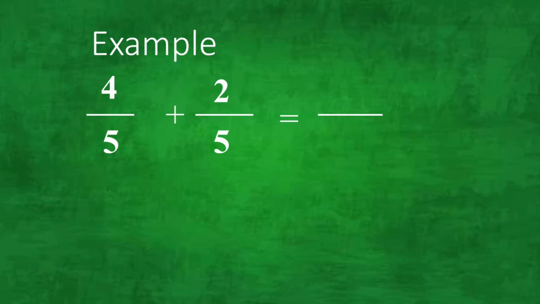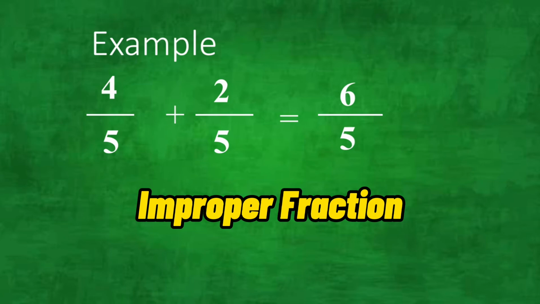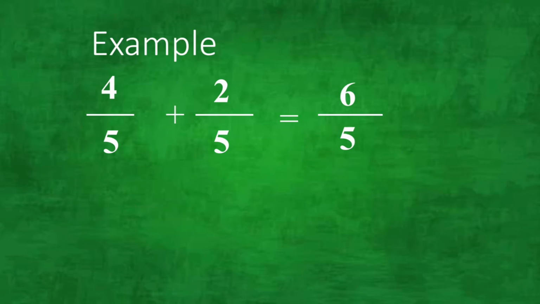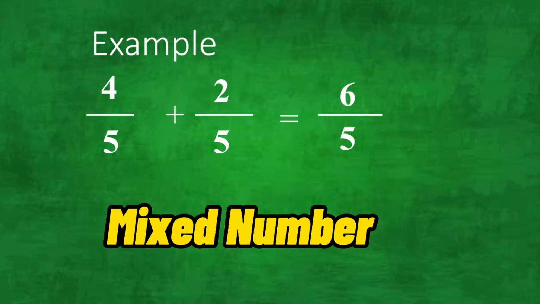When we add similar fractions, we only need to add the numerators, then copy the common denominator. So, 4 plus 2 is equal to 6 over the common denominator, which is 5. As you notice, our answer is an improper fraction, so we need to change it into a mixed number.